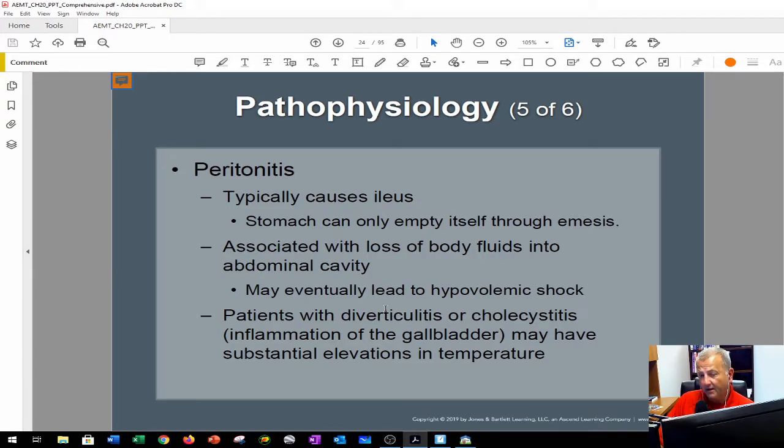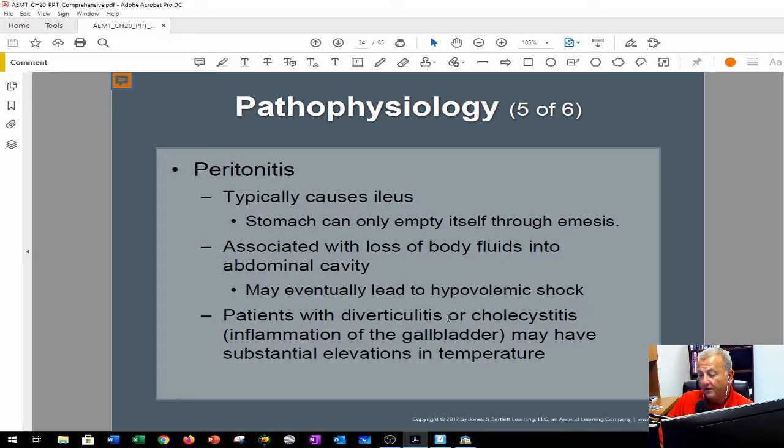Now, you can imagine you have stool passing through that colon, and we already have that good bacteria there. Sometimes that good bacteria can cause that diverticuli to become infected, and when it does, it's called diverticulitis. Either way, that's how that happens. You have multiple small little pockets, and they get infected.